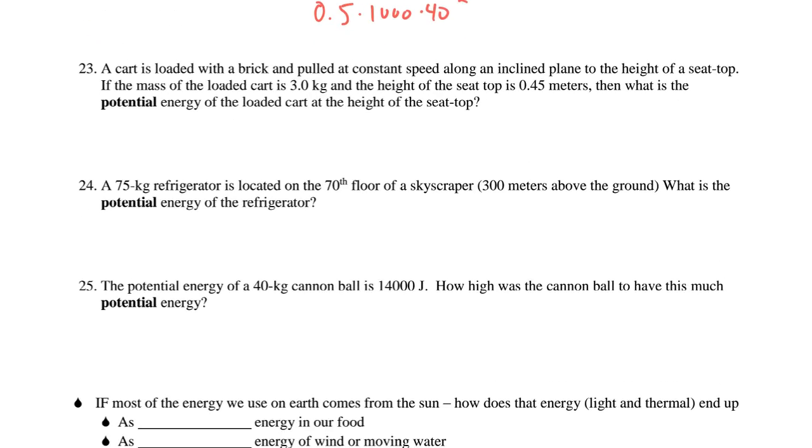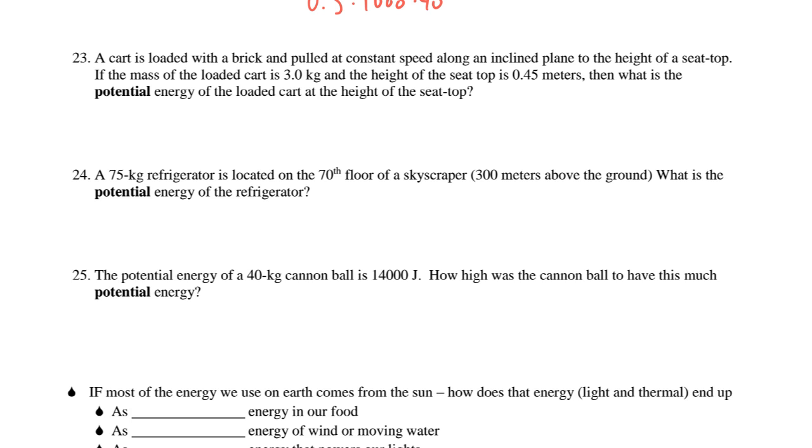Next one, a cart is loaded with a brick and pulled at a constant speed along an inclined plane to the height of a seat top. If the mass of the loaded cart is 3 kilograms and the height of the seat top is 0.45 meters, then what is the potential energy of the loaded cart?